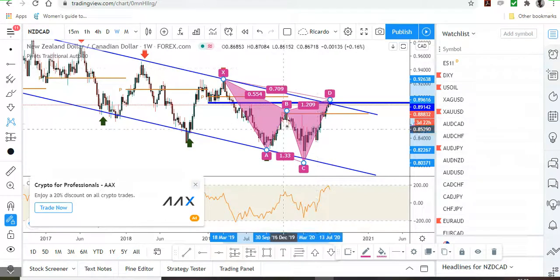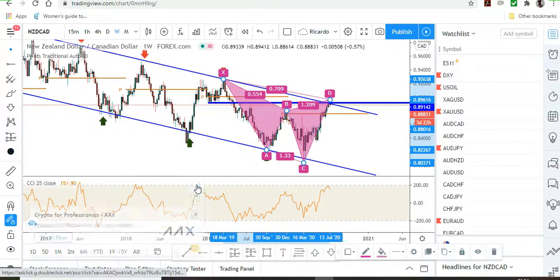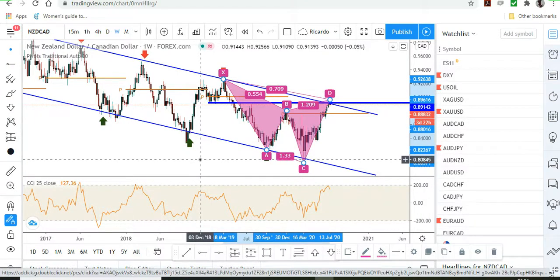And we have this butterfly pattern forming right at channel resistance, right at past support acting as resistance. And harmonic patterns generally have about 70 or more percent of actually playing out in the market. So this is the opportunity.